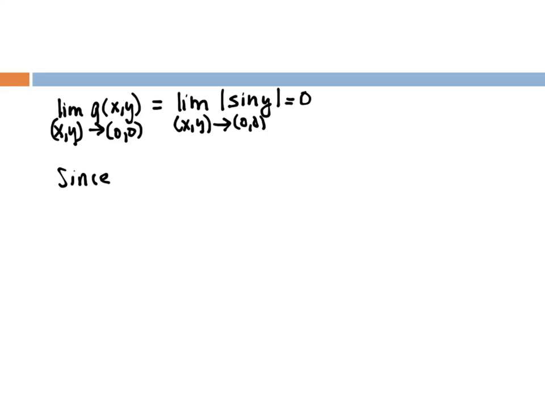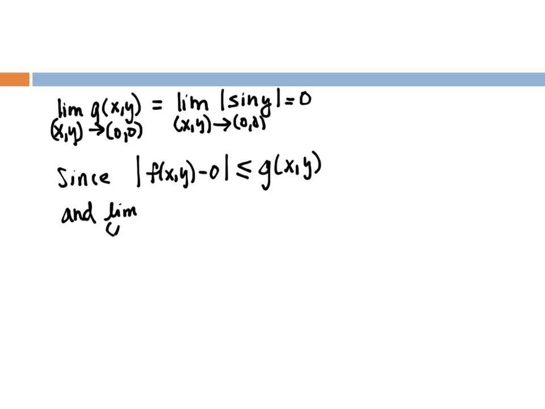Since the absolute value of my function, f of xy, minus 0, is less than or equal to g of xy that we just created, and the limit as xy approaches 0, 0 of g of xy equals 0, what does that tell us?